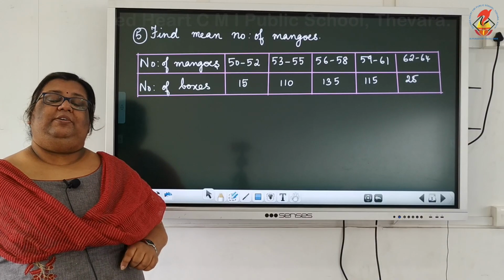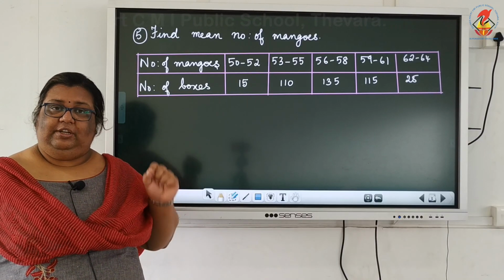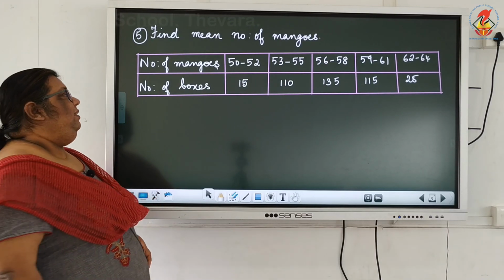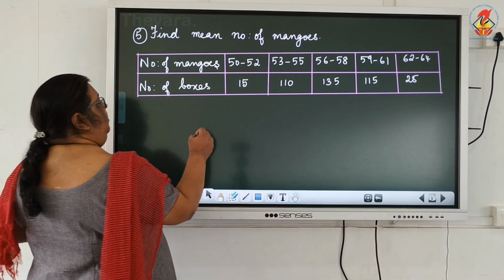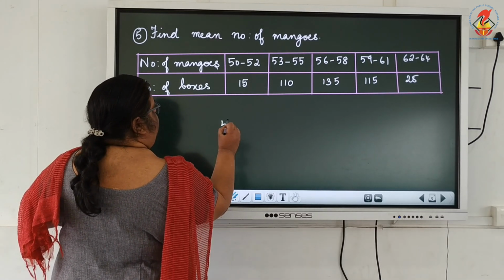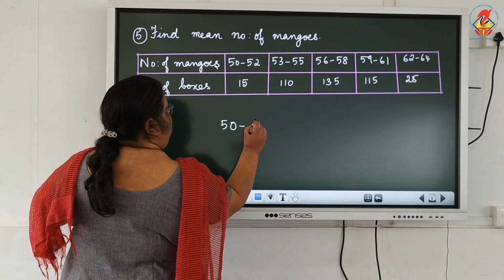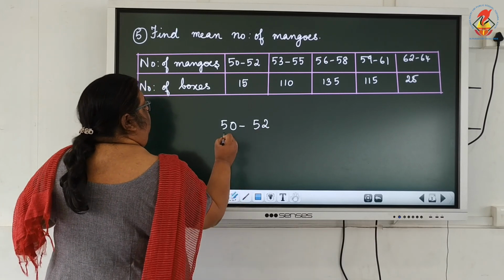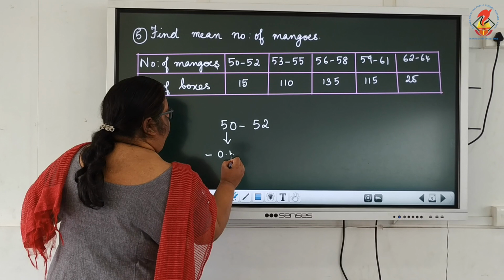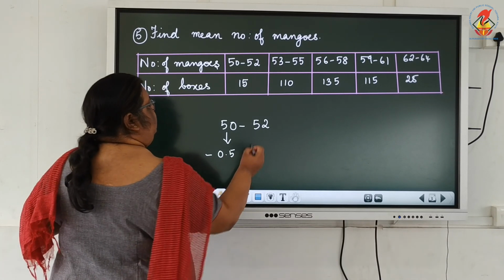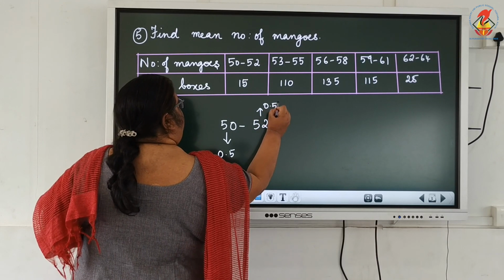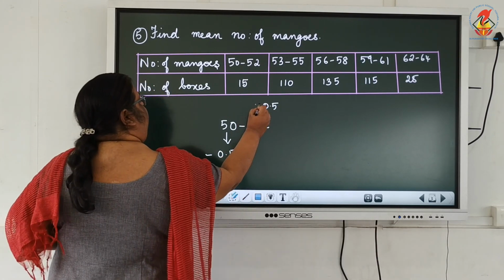It is always better you make the class intervals continuous and then do the problem. How to make the class intervals continuous? 50 to 52 is our first class interval. We need to subtract 0.5 from the lower limit and we need to add 0.5 to the upper limit.